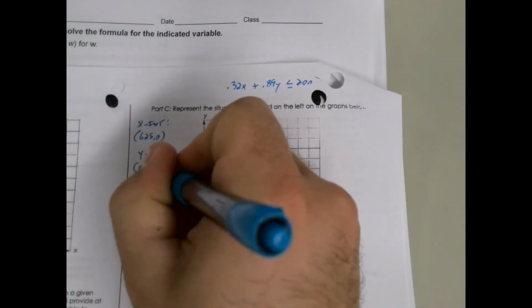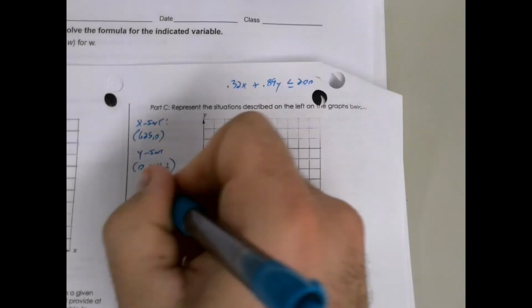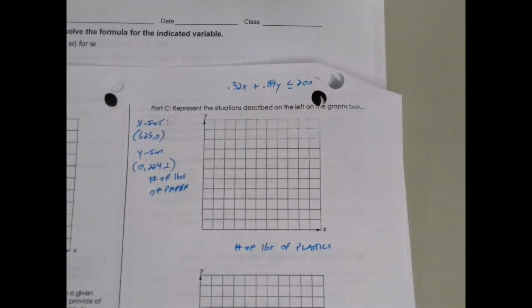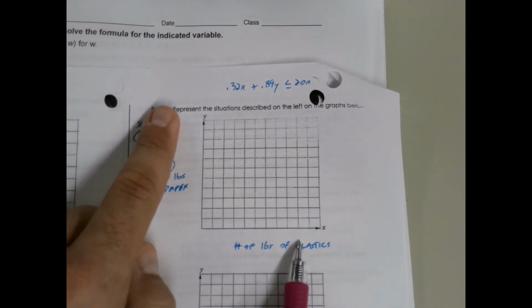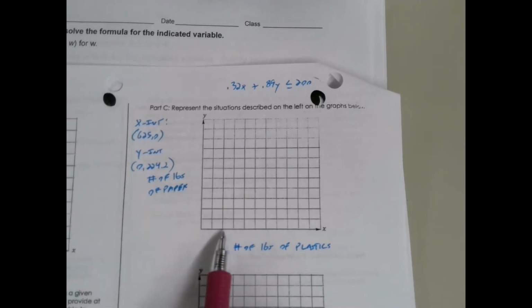Okay. So you're comparing those values. Right? And the way to graph this very easily is just plotting the intercepts.